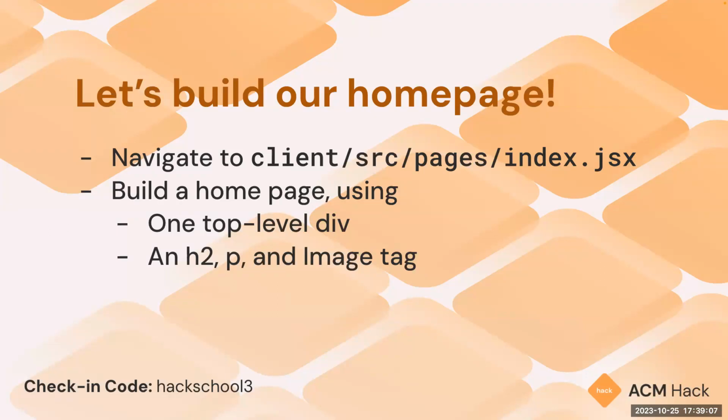You're gonna need one top-level div, a heading tag that's gonna be the name or title, a paragraph to write extra stuff, and then an image tag. You can put any image you like, like a picture of the dog.